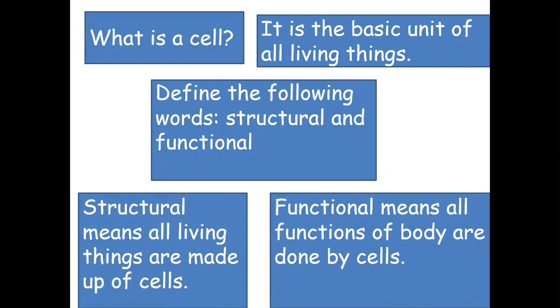So, the scientific definition of a cell is that it is the structural and functional unit of all living things. Structural means that all living things are made up of cells. As I told you before, living things we mean humans, plants, animals, bacteria, mushrooms, all these living things are made up of cells. Functional unit means that all the functions of the body or of the organism are done by cells.